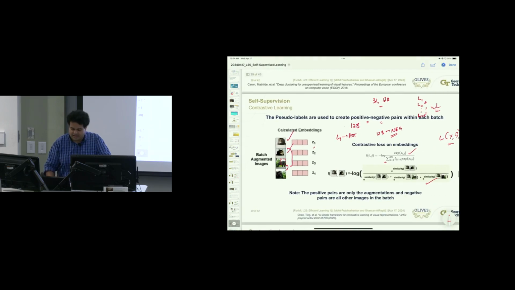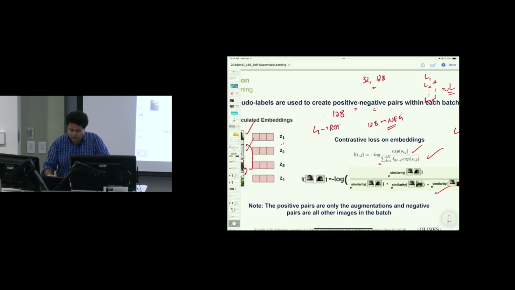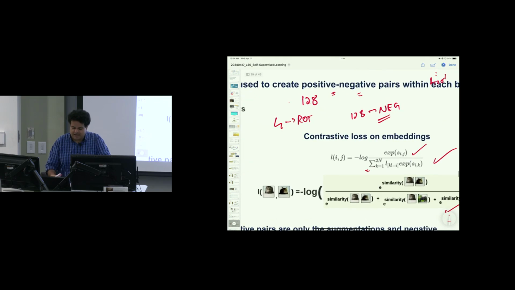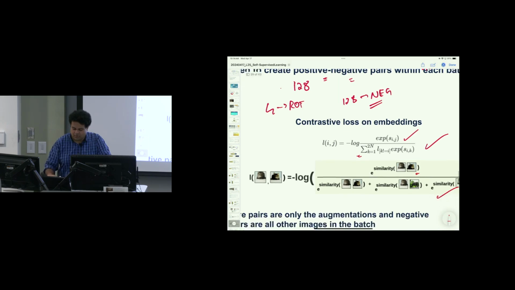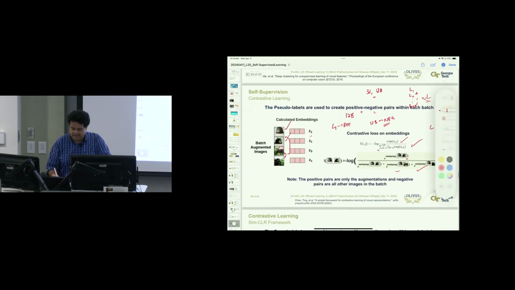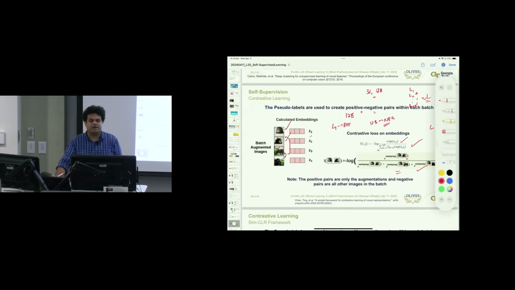Once that is done, you can construct this kind of contrastive loss, where on top it's just the exponent of s_i,j. Again, you can use any kind of similarity function, cosine similarity or other kinds of functions. Depending on that, there are literally different papers. But the idea is the similarity is on top, while everything else is at the bottom within this cost function to train your network.